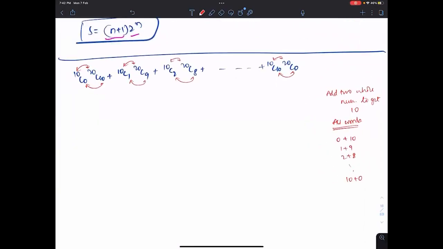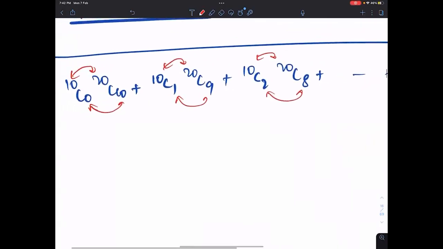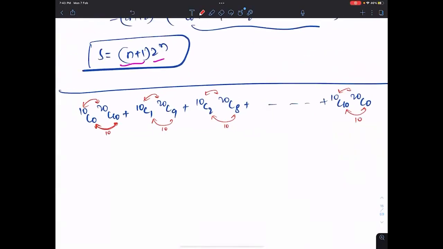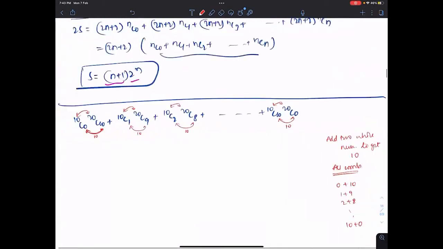Now make sure of what we said: the sum of the bottom is always the same, no? How much is it? 10. You just need to make sure of one thing: are all the combinations of sum 10 there or not? Only when they are there can you use this formula.